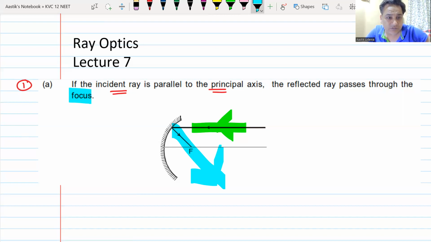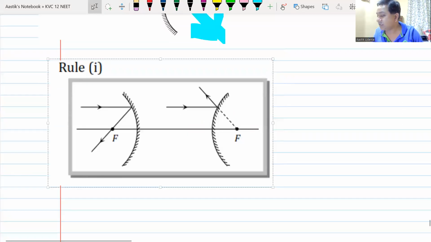Yes or no? It appears to be passing through the focus. It appears to be converging from the focus, and I will just show you that diagram as well, which is just copy pasted from the previous class. These are the two diagrams which make us understand rule number 1.